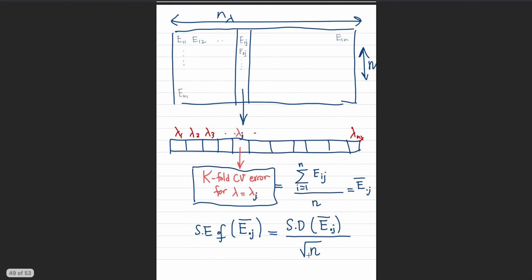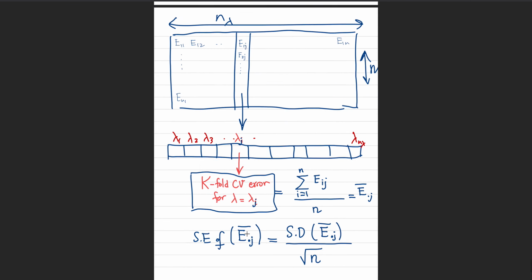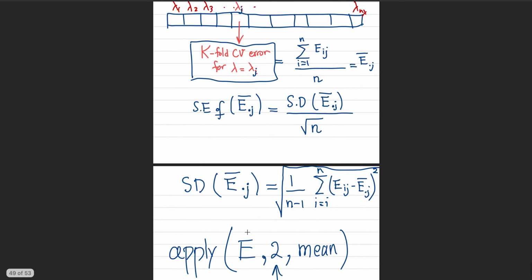And then if we calculate the standard deviation of this, then divided by the square root of n, because we have n of them, we get the standard error.